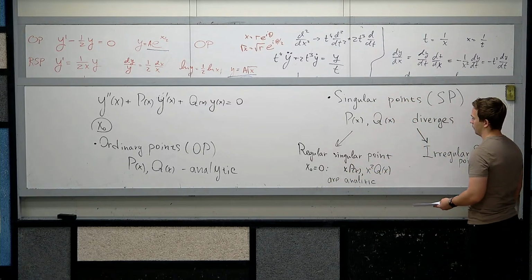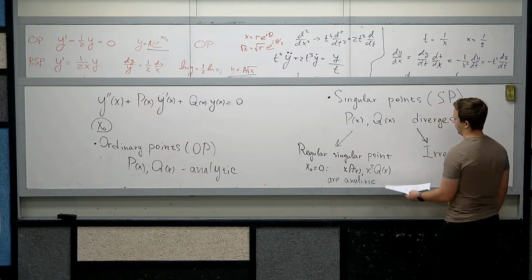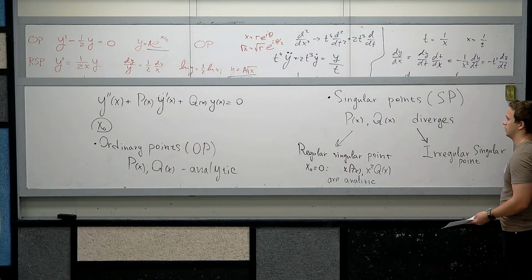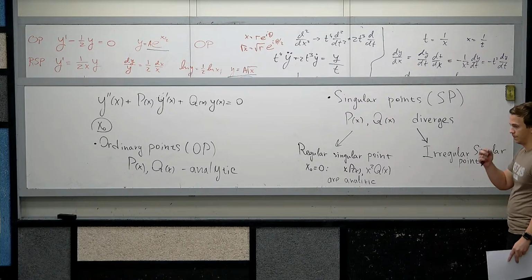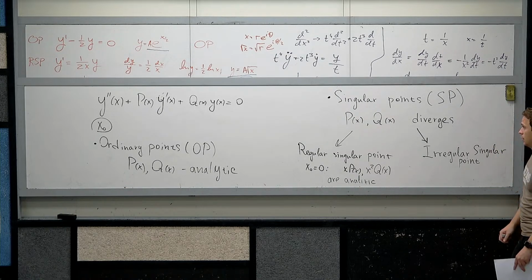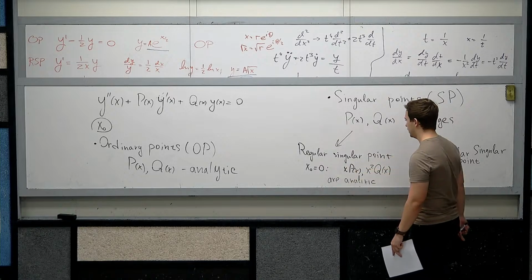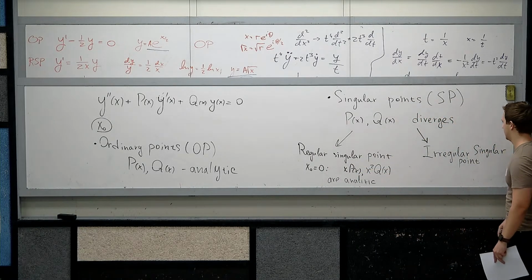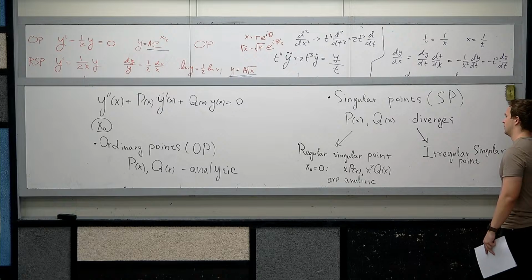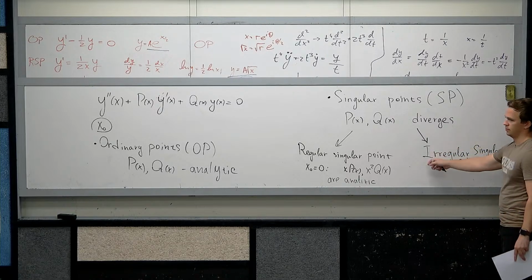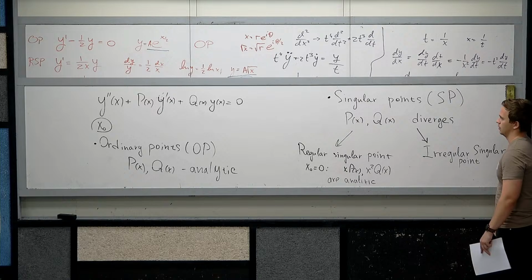And if one of them or both diverge at this point, we say that x naught is an irregular singular point. Today, in this tutorial, we will cover only ordinary points and regular singular points. In the next few tutorials, we will also discuss how to solve differential equations with this type of points.